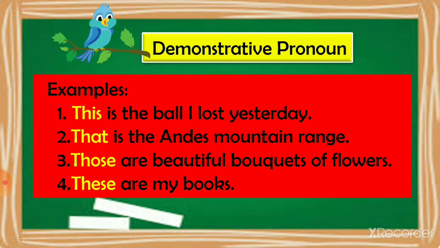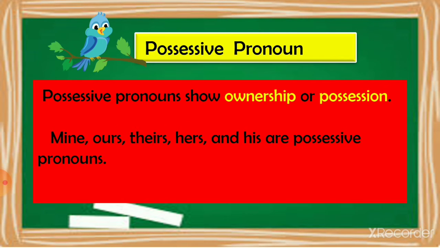Here, this, that, those, and these are examples of demonstrative pronouns as they point out specifically an object, like this is a ball, that is a mountain range, those are beautiful bouquets of flowers, and these are my books.